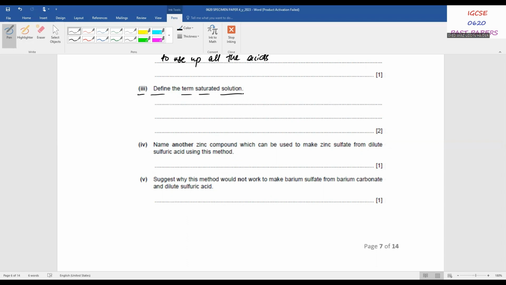So you write solution that cannot hold more solute at the specified temperature.